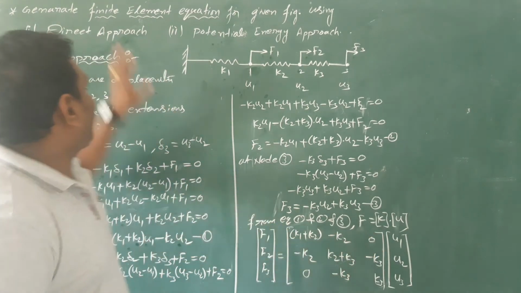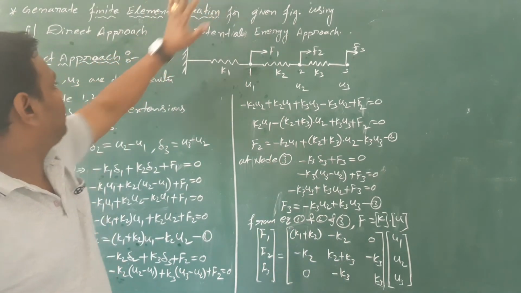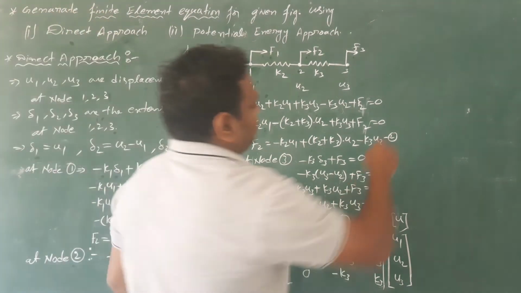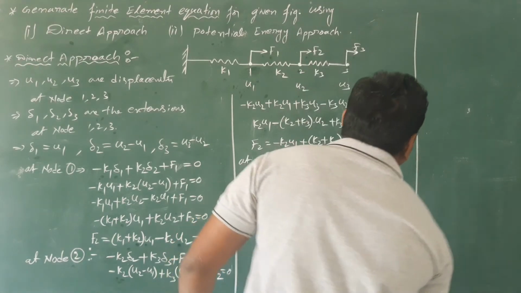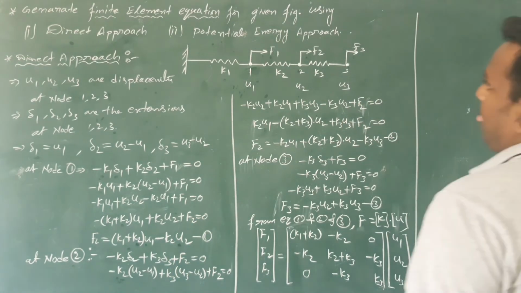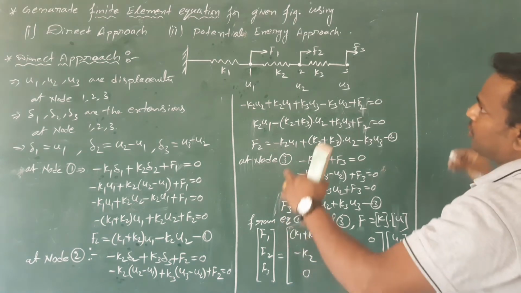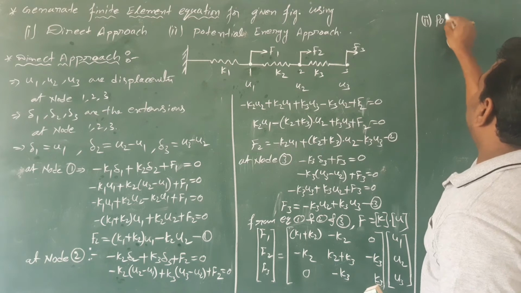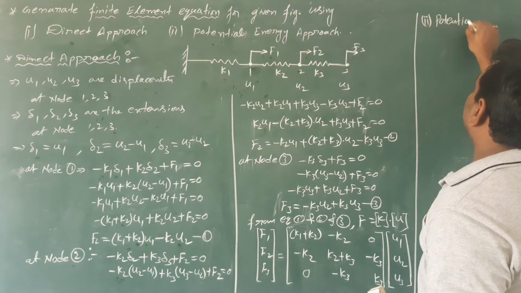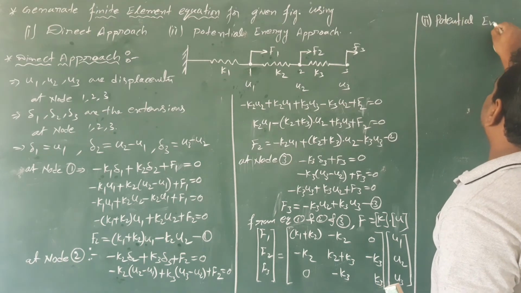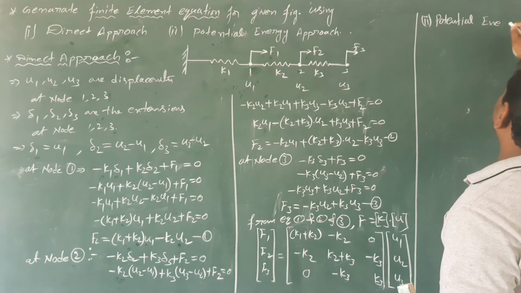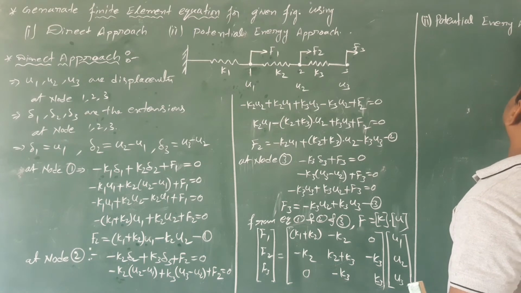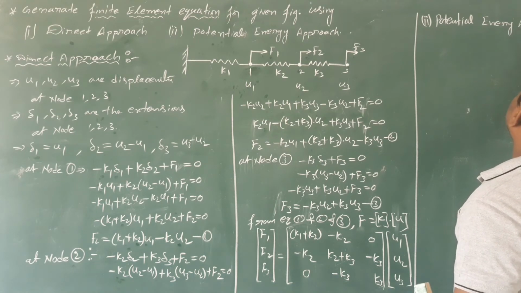This is the finite element equation through the direct approach. Now take another process, the second process, which is the potential energy approach.